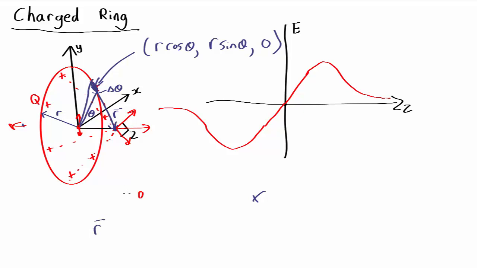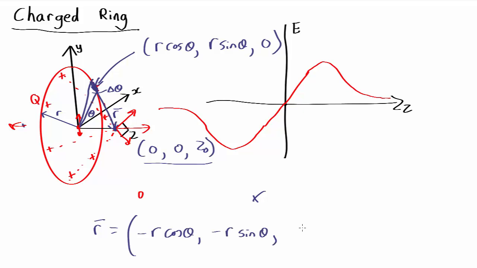So the measurement point is here, which has coordinates 0, 0, let's call it z0. So the vector r is from here to here, which is this minus that. So it's going to be minus r cos theta, minus r sin theta, and z0.